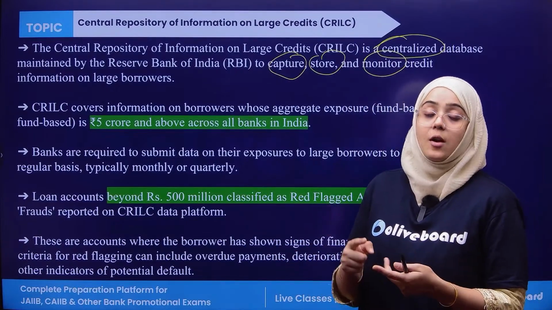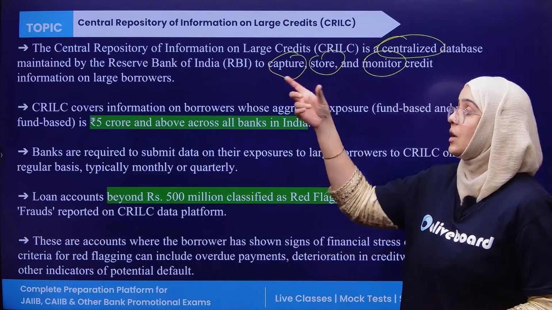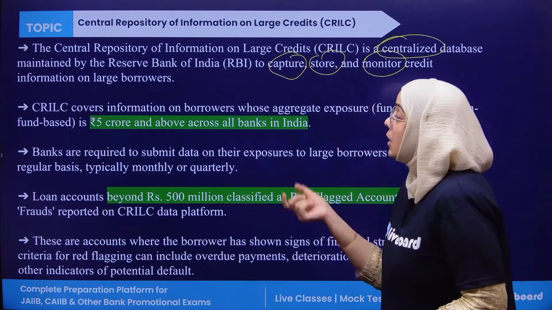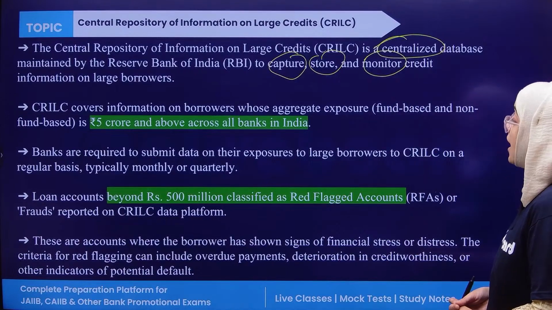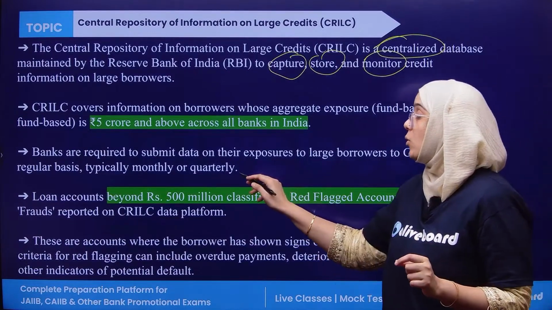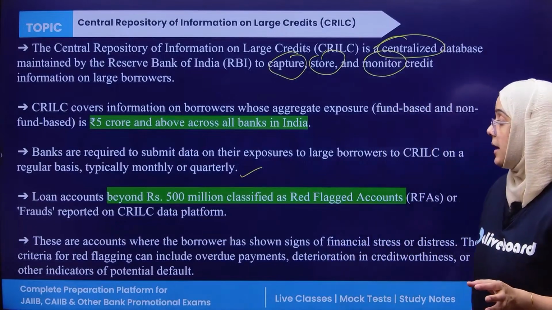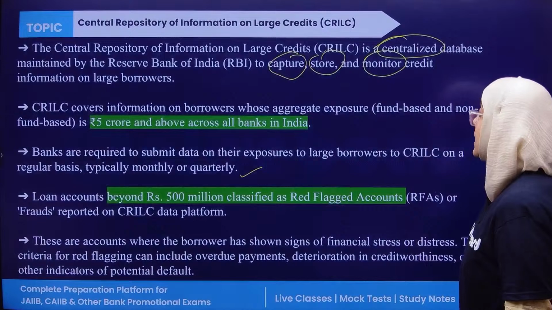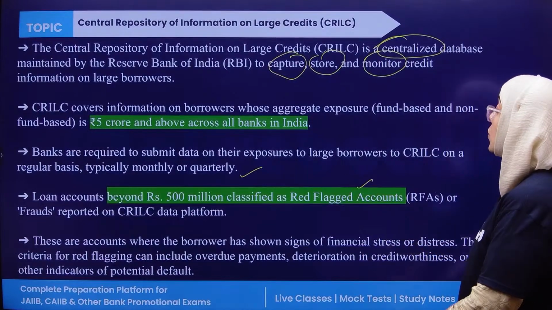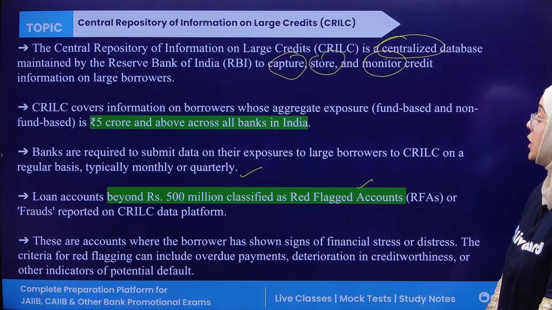And then to store, process, and capture your data, there is a centralized database which is known as CRILIC. Banks are required to submit data on their exposure to large borrowers to CRILIC on a regular basis. It can typically be monthly or quarterly.